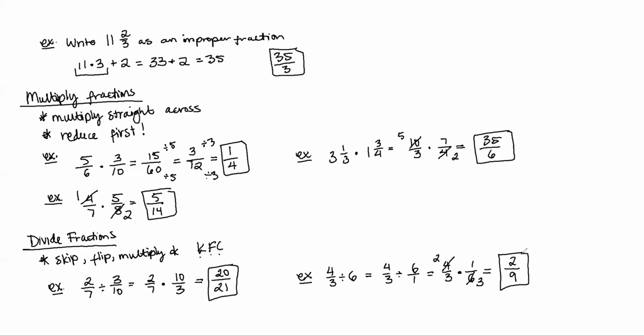And then the last couple of operations are grouped together, adding and subtracting. And so adding and subtracting fractions, the big thing to keep in mind here is that we need a least common denominator.